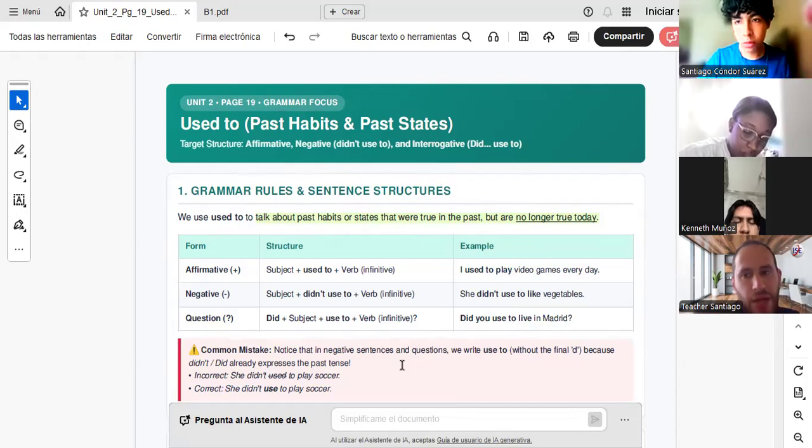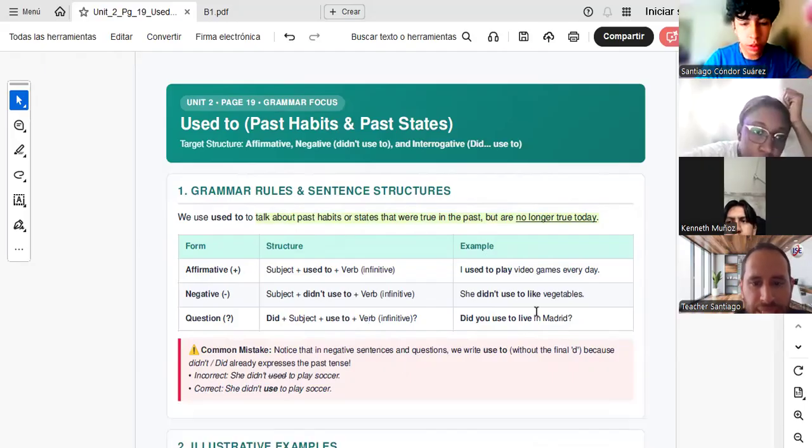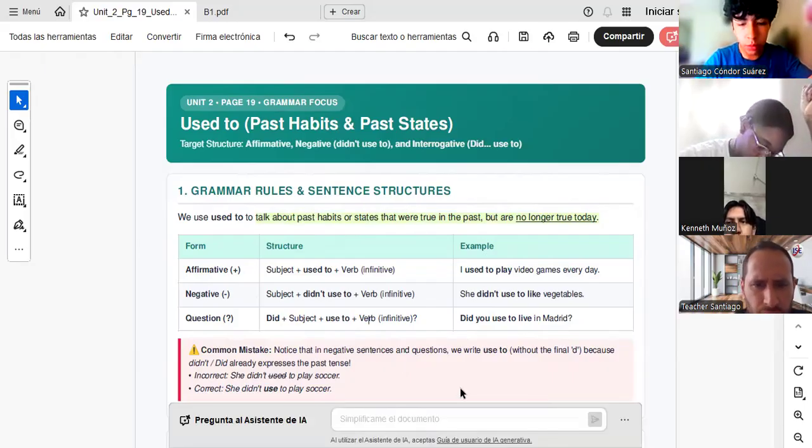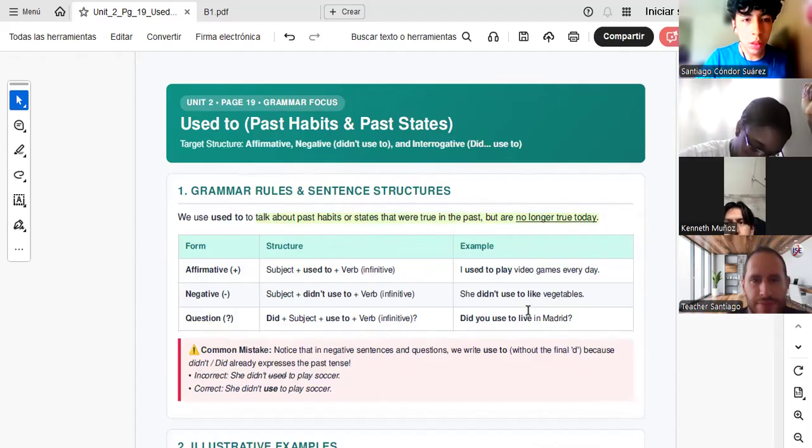I suggest you take notes. I know it's easy, but please take notes. Or you can write the explanation and the examples. You don't need to write all of this chart or all of this information. Just the uses, this line, and the example, and that's all.